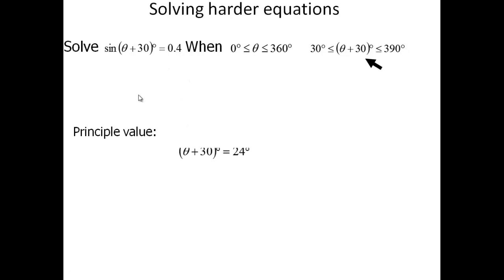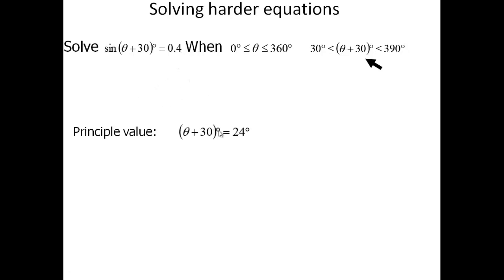Okay, let's try one with this translation then. Similar idea. We're going to change our interval by adding 30, so that we're solving for theta plus 30. So we're now between 30 and 390. Now this is particularly important when we get our first principal value.